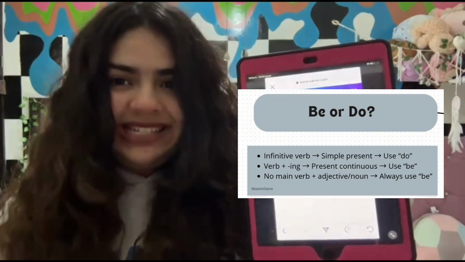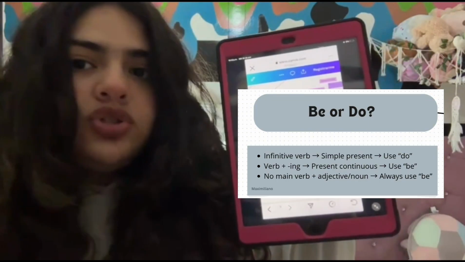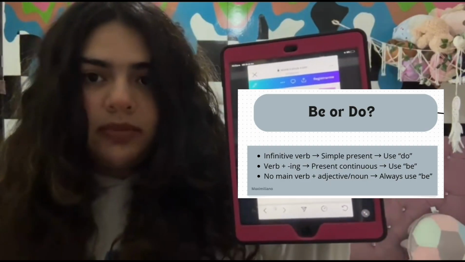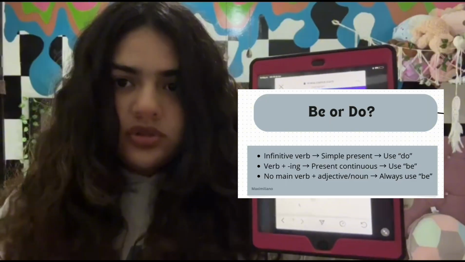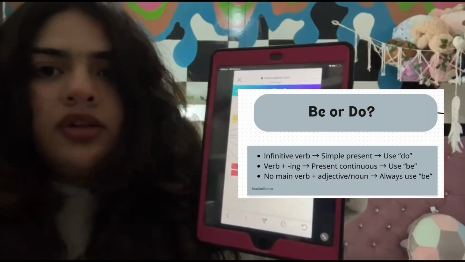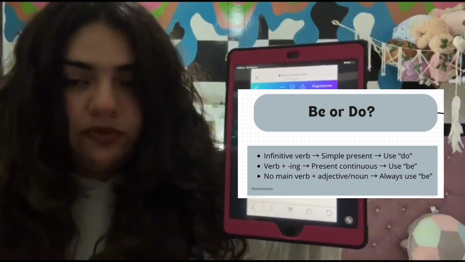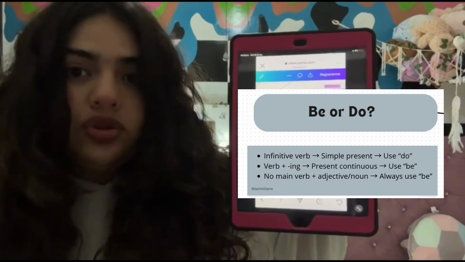Here is the helper because the main verb is also be. We use do when we are talking about other actions. For example, do you like pizza? We use do because the main verb is like. Think of it like choosing the right tool for the job. Be is used only with be and do is used for everything else.